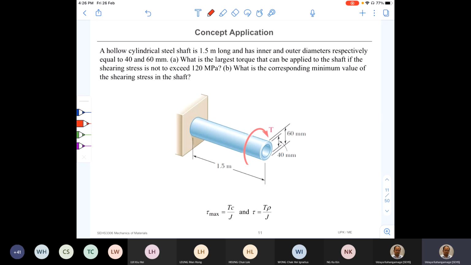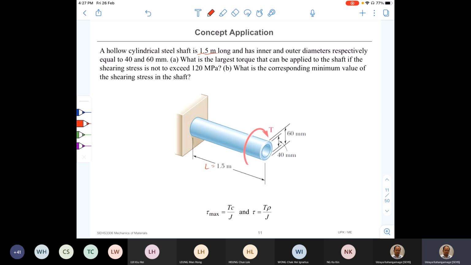It says a hollow cylindrical steel shaft is 1.5 meters long. So this is the length L, 1.5 meters, and it has inner and outer diameters equal to 40 and 60 millimeters respectively. So it's a hollow circular bar.